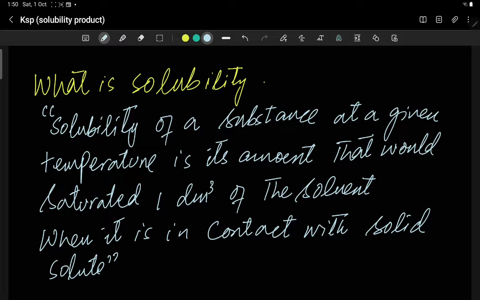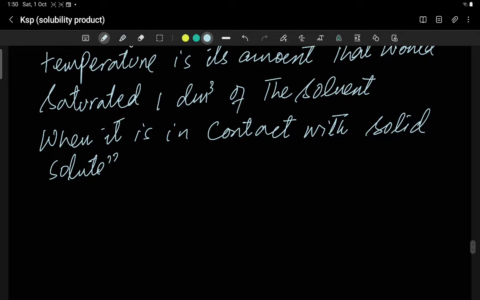So this is the solubility, and we know that the amount of substance is expressed in moles or in grams.